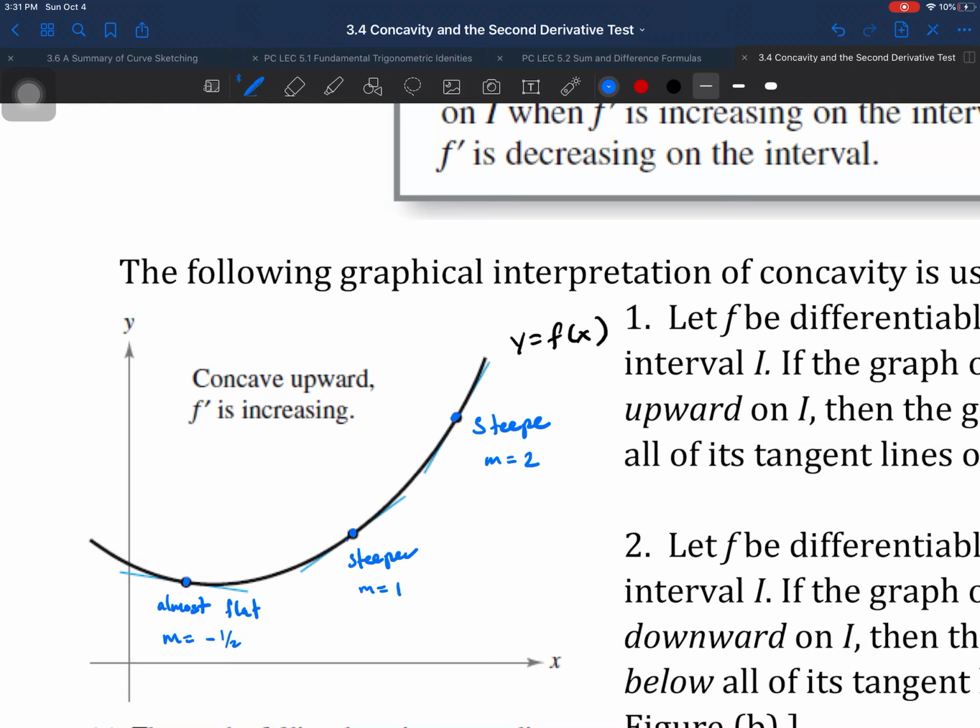So what I'm saying is that not only do we know that the derivative is changing, going from negative and then becoming positive, but we also know that there is a rate of change. The rate at which the derivative is changing is also changing. It is becoming from negative 1/2, a fraction, to becoming 1, to becoming 2, right? So the derivative is also changing.